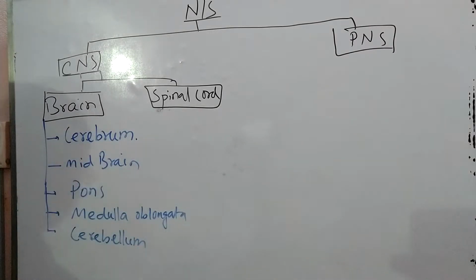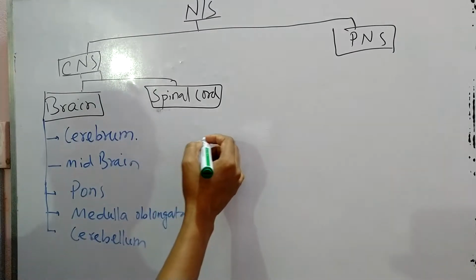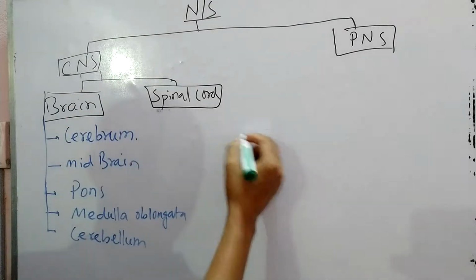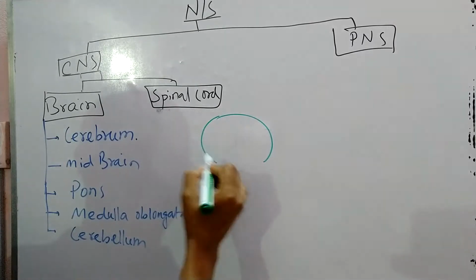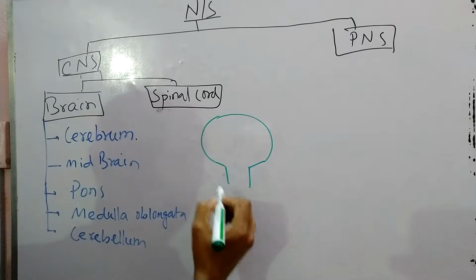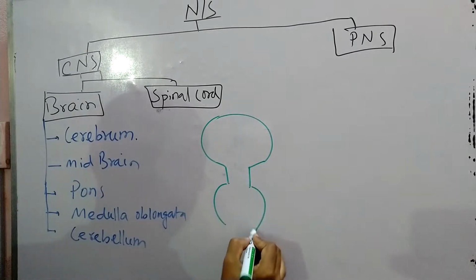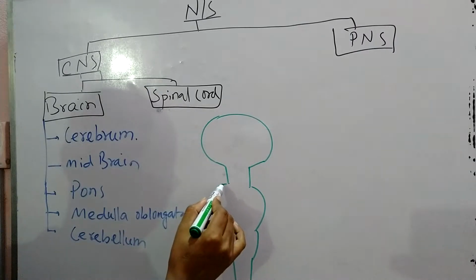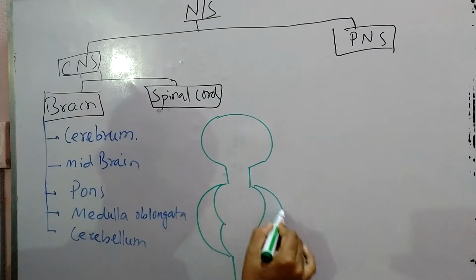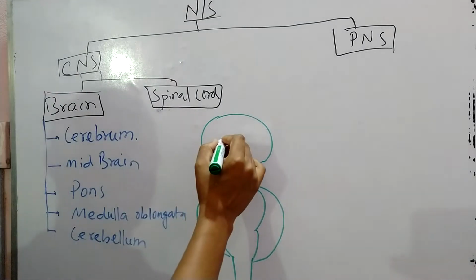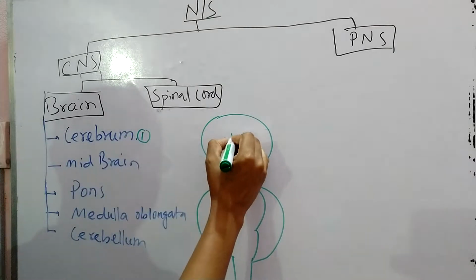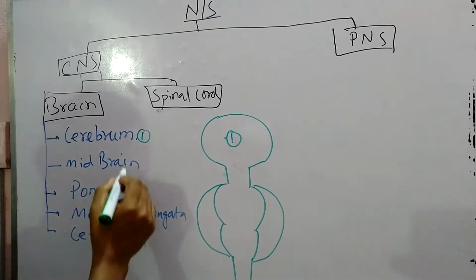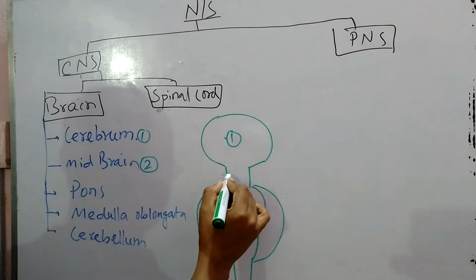If we try to draw a diagram of brain in such a way, this is the cerebrum, number one. This is the midbrain, number two.